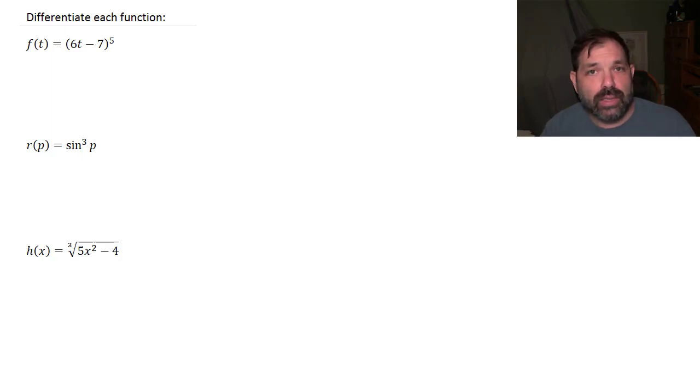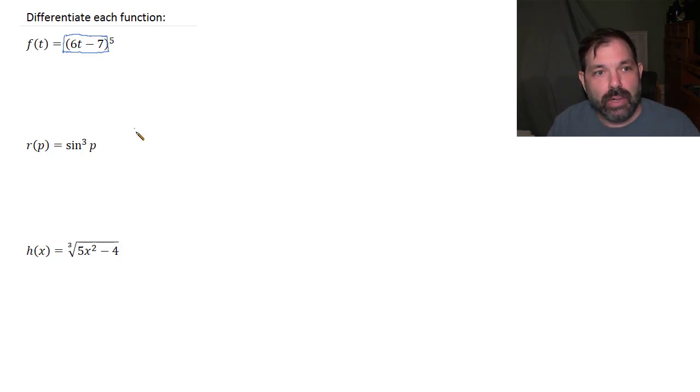Here we're asked to differentiate each function. We've got 3 functions here. Let's just take a look at the first one. Here I have f of t is 6t minus 7 raised to the 5th power. Here's how I see this. I see this as a composite function, and I have box raised to the 5th power. 6t minus 7, that's the inside. That's the composite part.